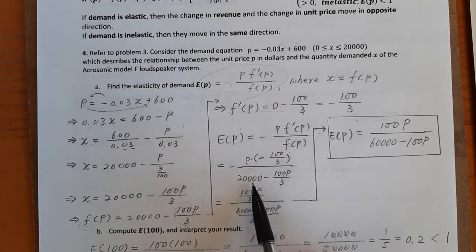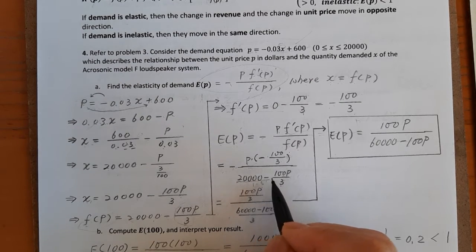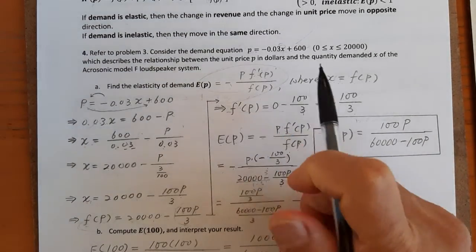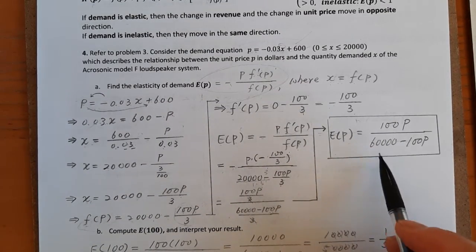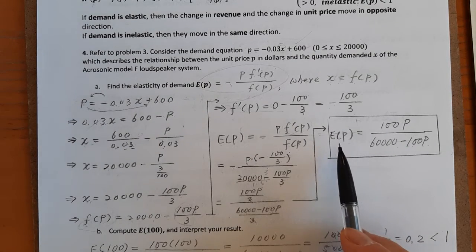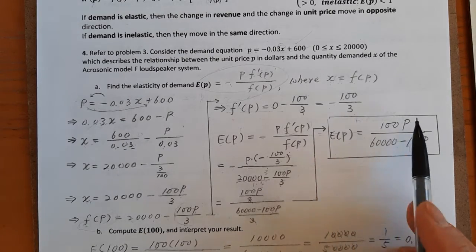Then the denominator is 1, and you multiply by 3 on both sides. You get 30,000 in the numerator over 3, and 60,000 minus 100p. Dividing, you take the reciprocal, then the 3 cancels, and you get 100p over 60,000 minus 100p. That's the elasticity function in terms of p.